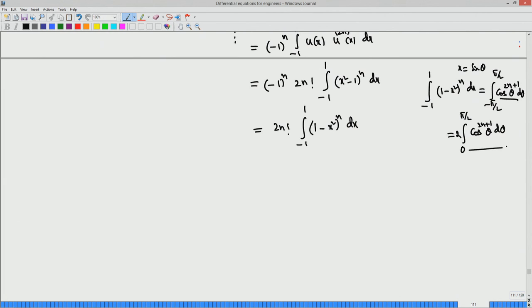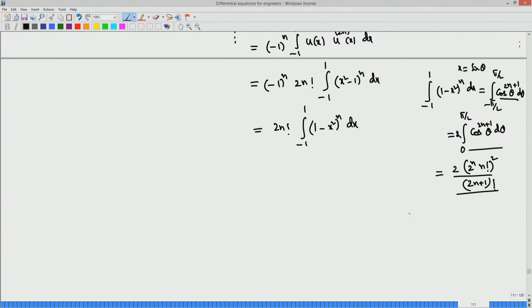If you know the formula for this, you can apply directly, which is going to be 2n into n factorial square divided by 2n plus 1 factorial. This is the formula for this integral. This is one way.